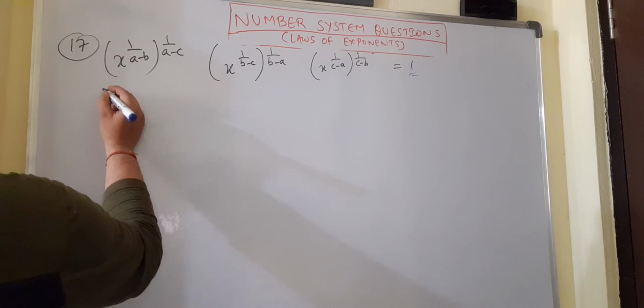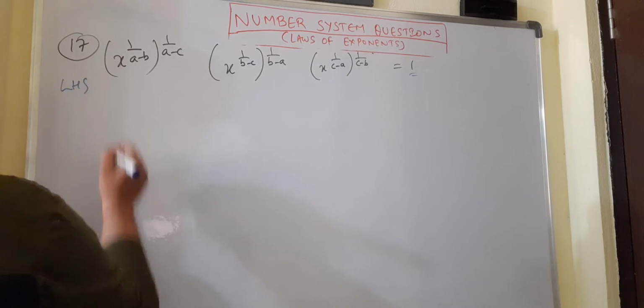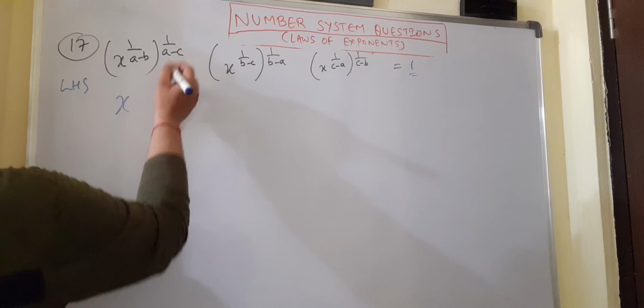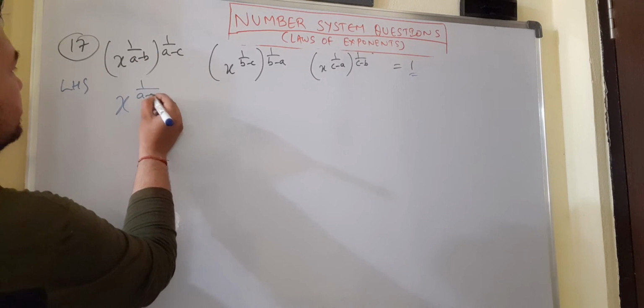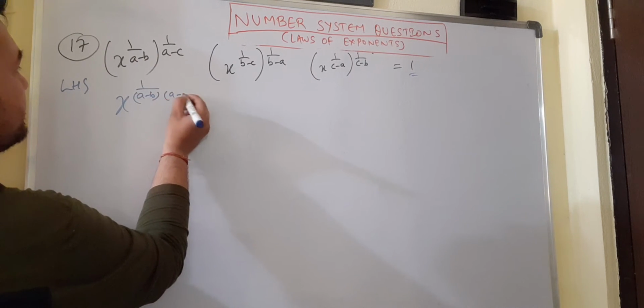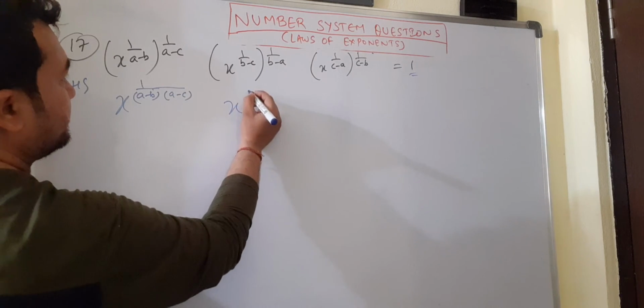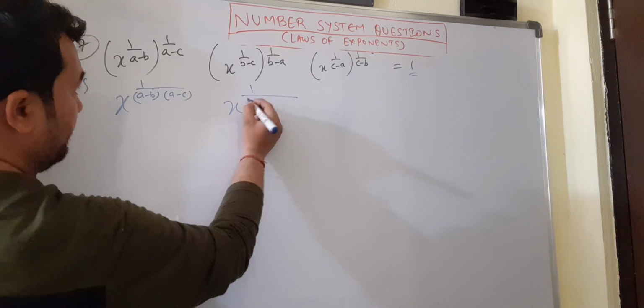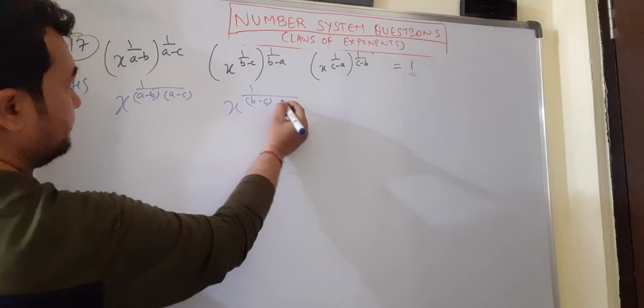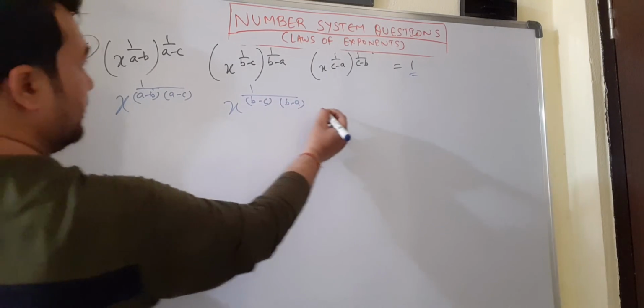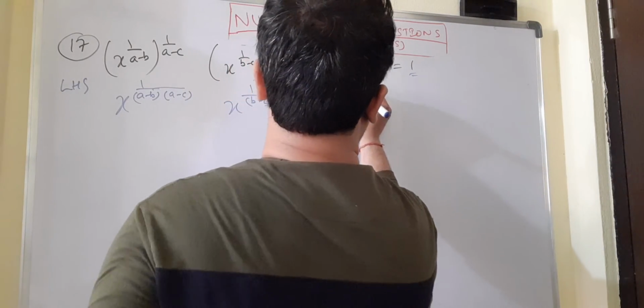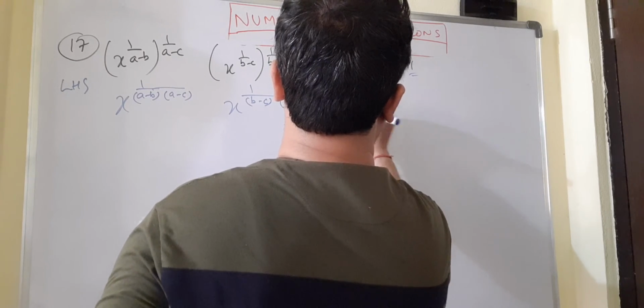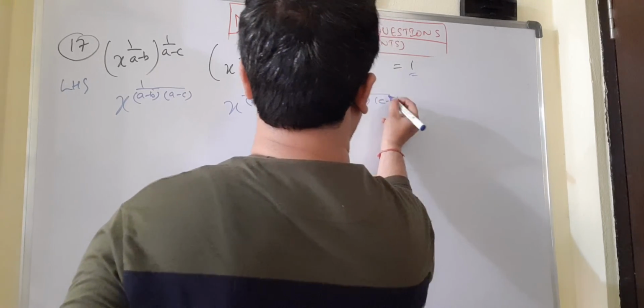So you will begin with your LHS. Power of power multiply: a minus b into a minus c, x power of power multiply b minus c into b minus a, power of power multiply, that is c minus a into c minus b.